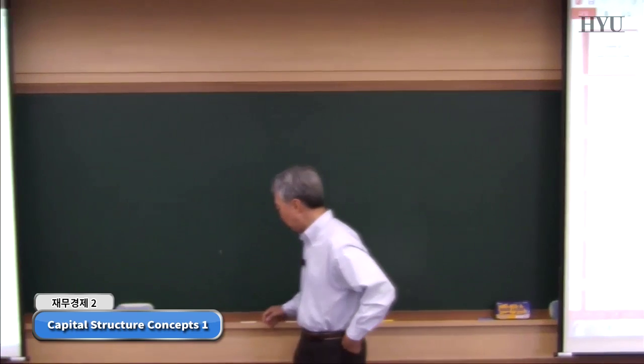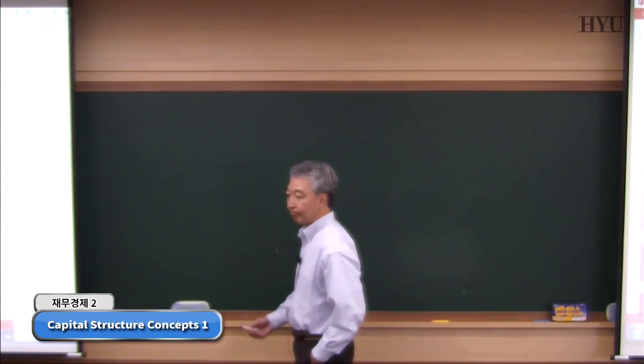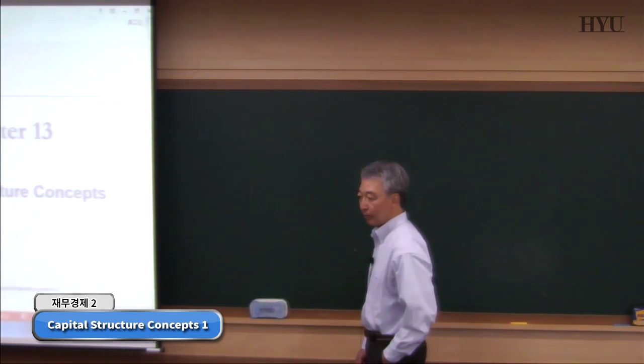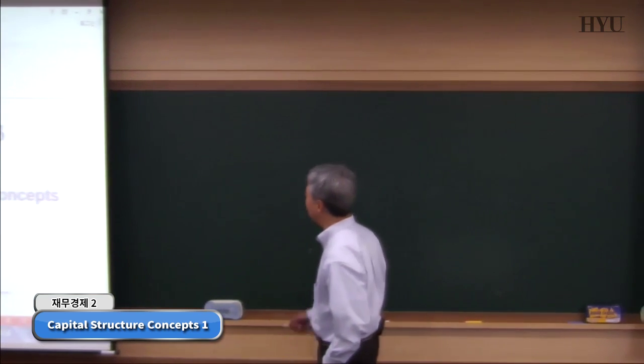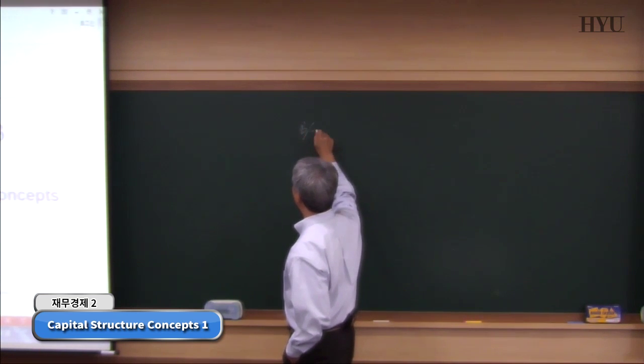If you remember, by capital structure, we basically meant the debt-asset ratio, or what was it? Debt-equity ratio. Sorry, debt-equity ratio. So typically, we just write B over E, right?